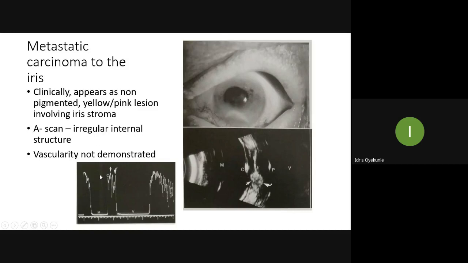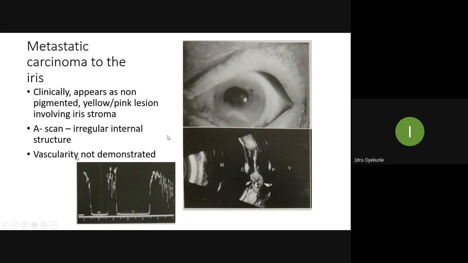It has these varying A spikes within. So this is what it looks like on the B-scan display. You can also see the location is similar to the iris melanoma, but the internal structure is not uniform. So this is more like a mixed, heterogeneous appearance that we see, and it's within the iris stroma.